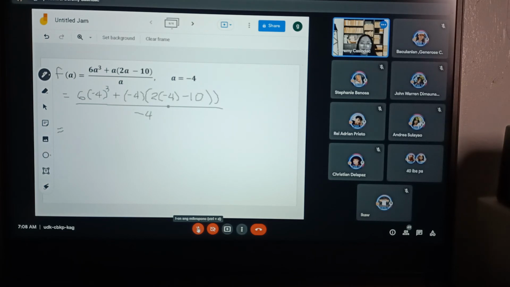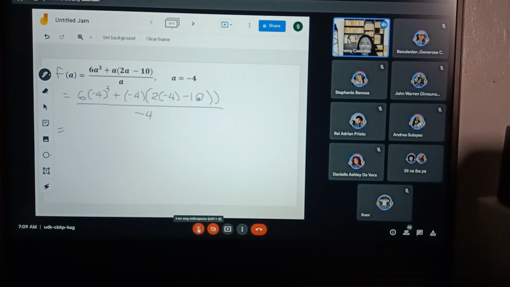Yung negative 4 times 2 or yung mismo nasa loob ng parenthesis? Yung mismong nasa loob. Okay. So first is we need to multiply yung 2 times negative 4, right? Yes po. Okay. So what is the product? 2 times negative 4. Negative 8 po.